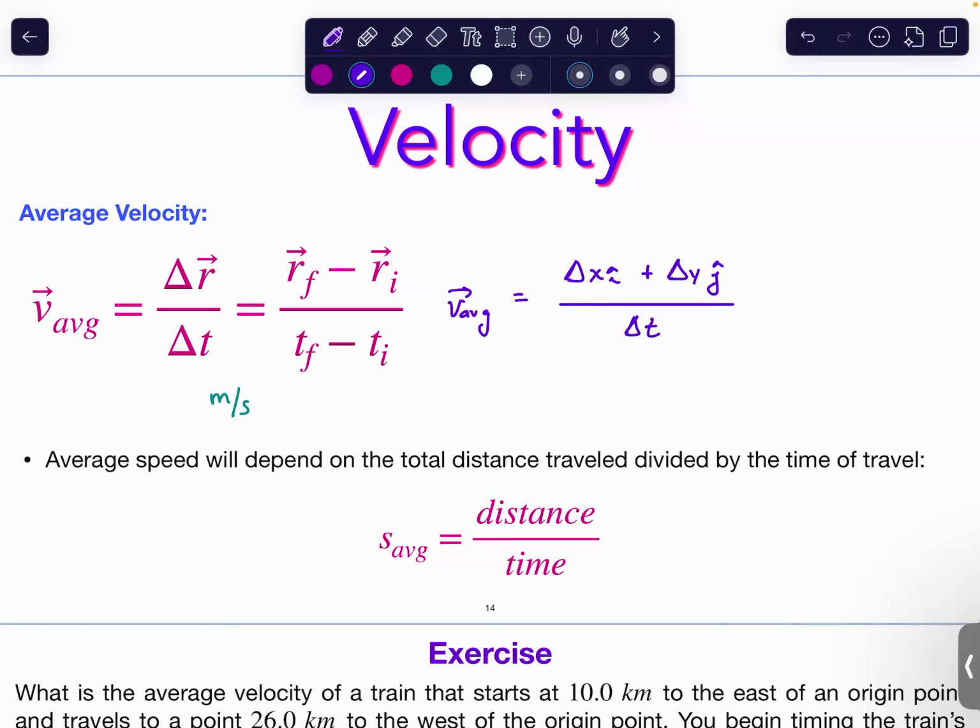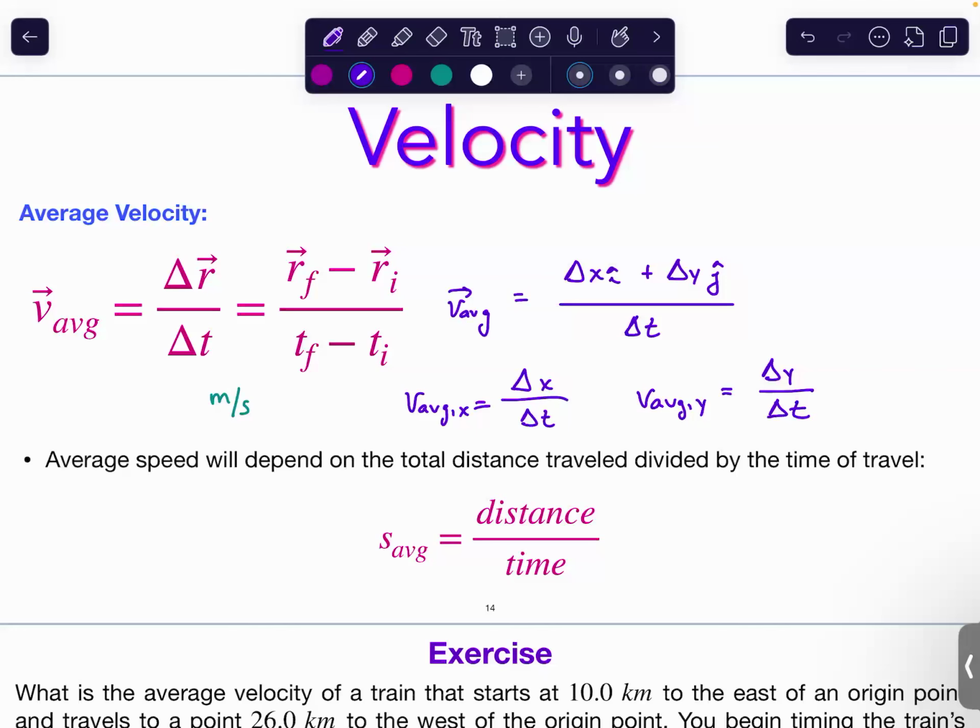So depending on what we're working with, your average velocity in the x direction is delta x over delta t, and your average velocity in the y direction is delta y over delta t. A lot of times we can work with just these components, and you'll see that as we get into analyzing motion. For example, when you throw something and analyze the path it follows, you're going to break that down into x and y, and analyze each direction independently.